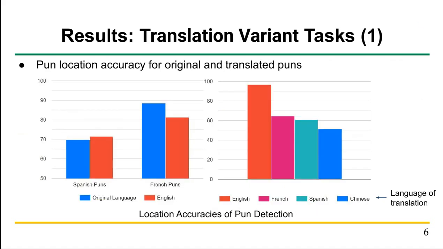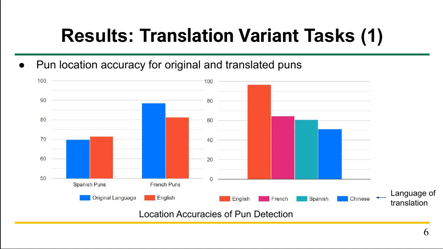We also tested two translation variant problems: pun detection and cover letter generation. In this slide, we show the location accuracy for pun detection problems. Given a sentence that contains a pun, the pun location is the word that makes the sentence a pun. Location accuracy measures how accurately the LLM can identify the pun location in a sentence which has a pun.